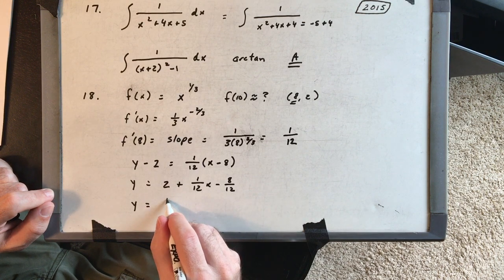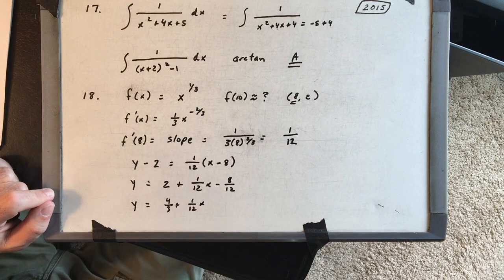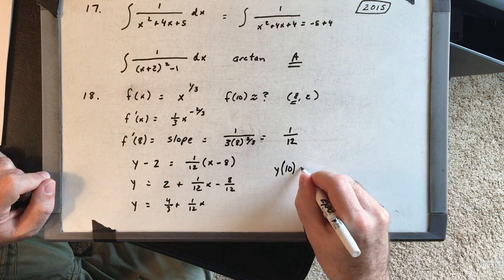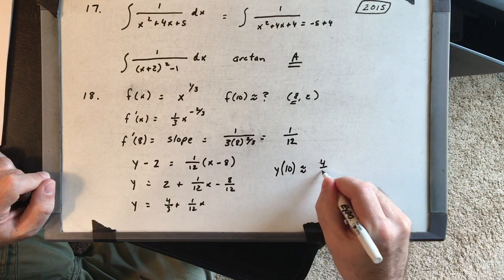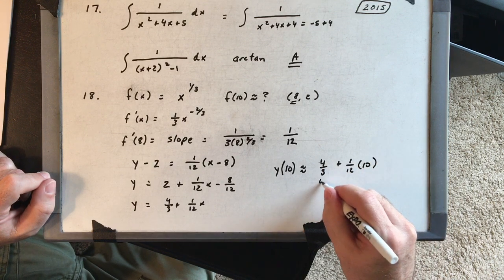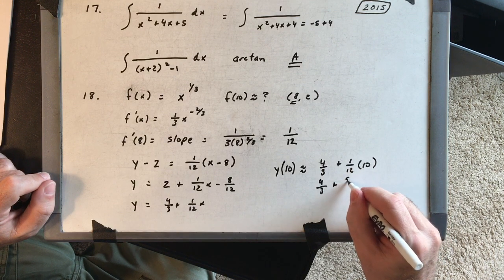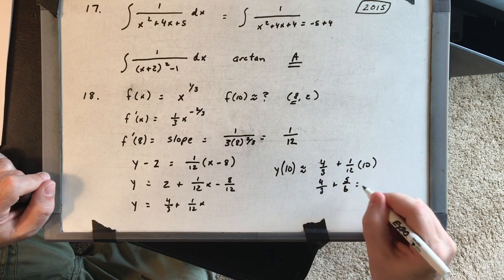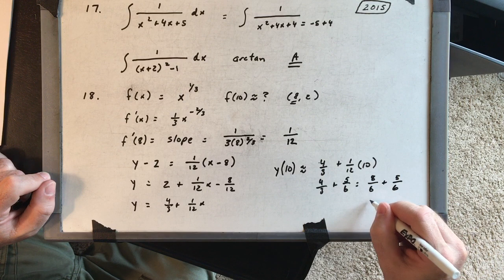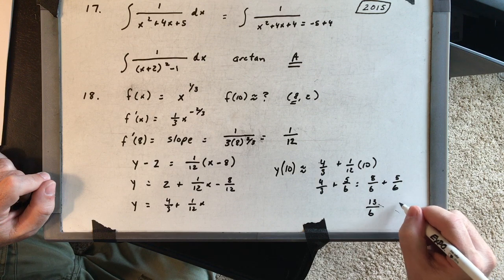So anyway, 4/3 plus 1/12 times x. So y of 10 is approximately equal to 4/3 plus 1/12 times 10. So that's 4/3 plus 10/12, which would be 5/6. So that's 8/6 plus 5/6, which is 13 over 6. And that is C.